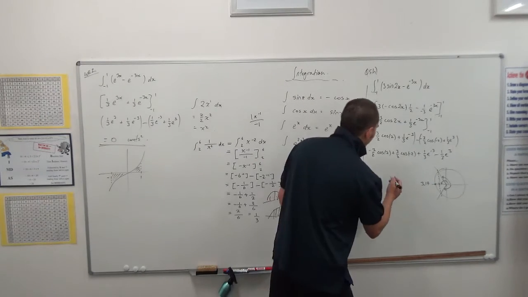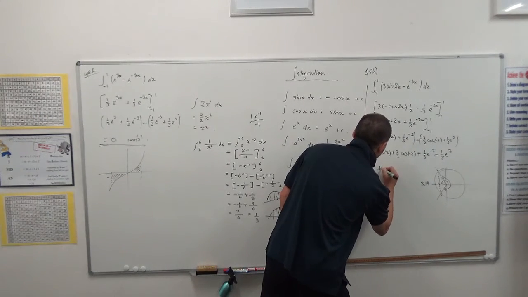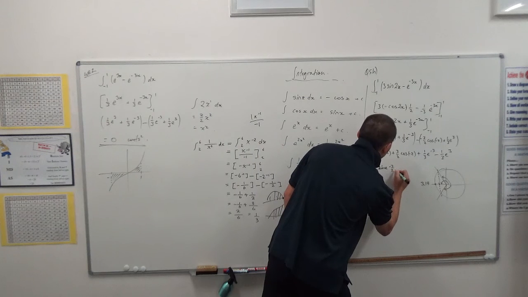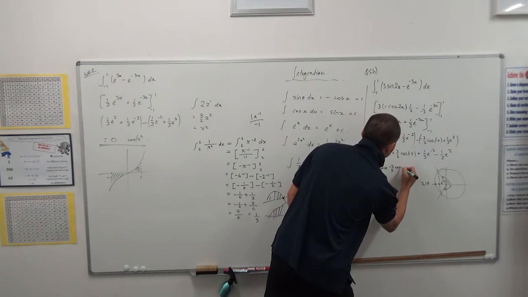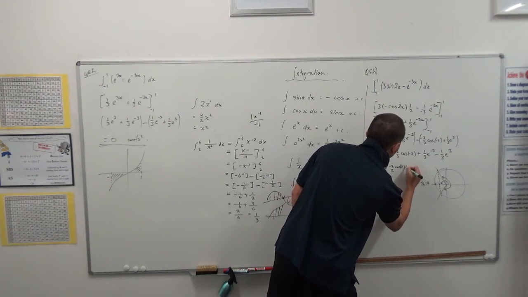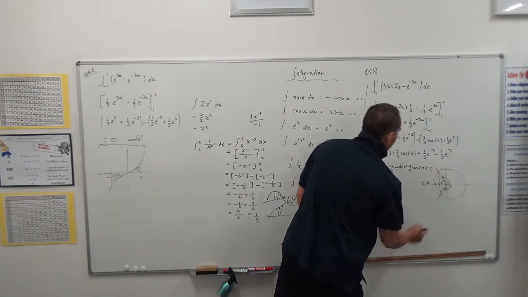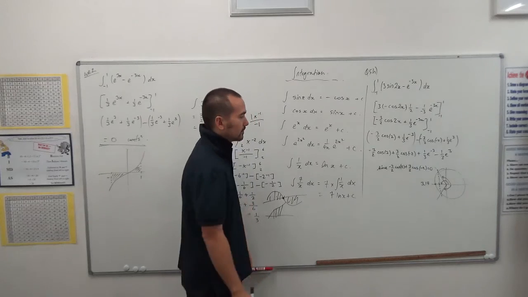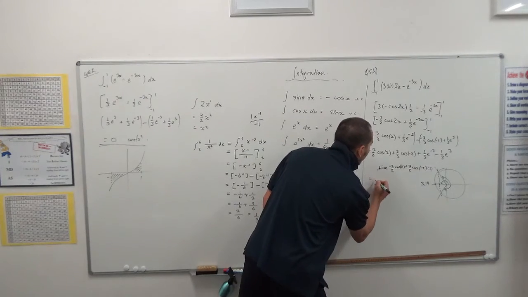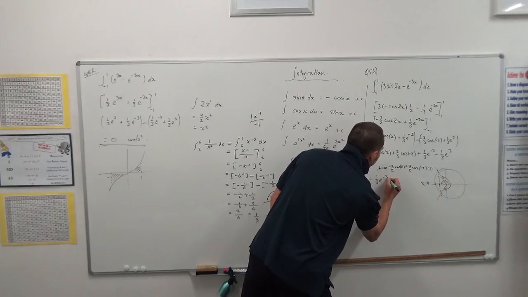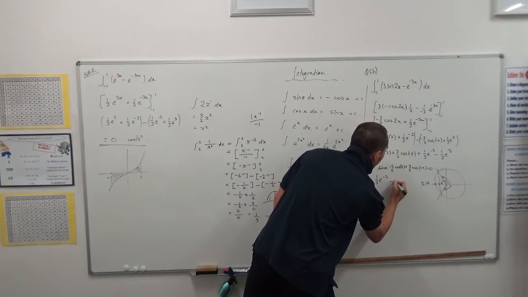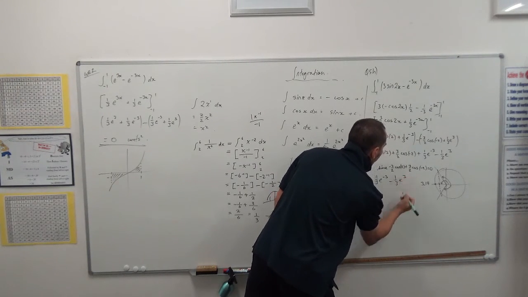So I'll make a little side note here. Since negative 3 on 2 cosine 2 plus 3 on 2 cosine negative 2 is equal to 0, we are left with 1/3 e to the negative 3, take away 1/3 e to the power 3.